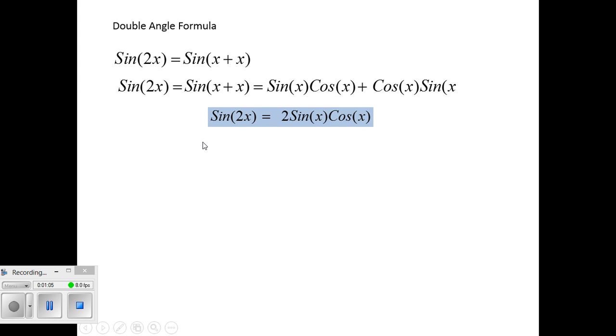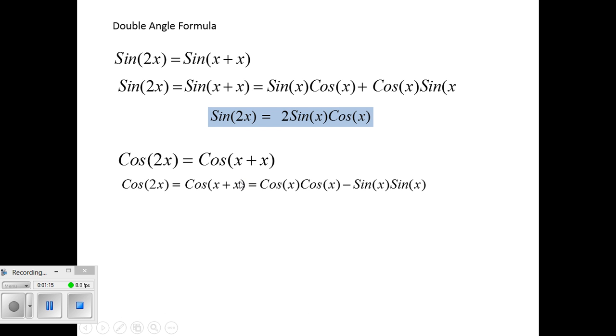Okay, and let's do the cosine. The cosine of the double angle is likewise going to be cosine of x plus x, and then we recall the summation form for the cosine is cosine cosine minus sine sine, so that's cosine x times cosine x minus sine x times sine x.